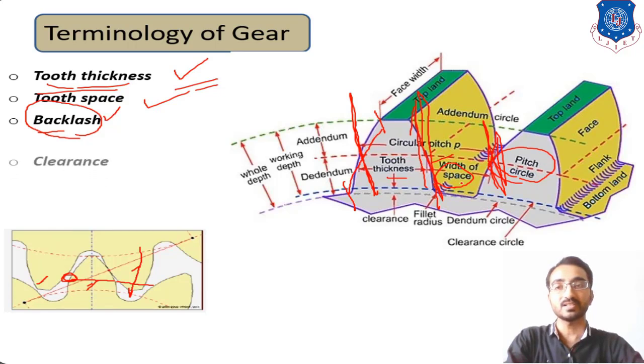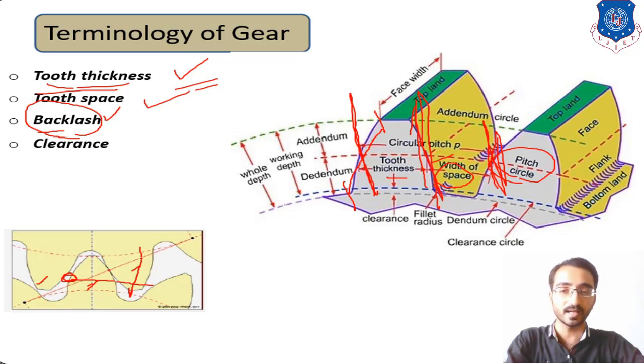Next term is known as clearance. In the same way, when one gear tooth is meshing with another, this clearance must be provided, otherwise it will be jammed in between and it is quite difficult to function smoothly. So over here this distance is known as clearance.